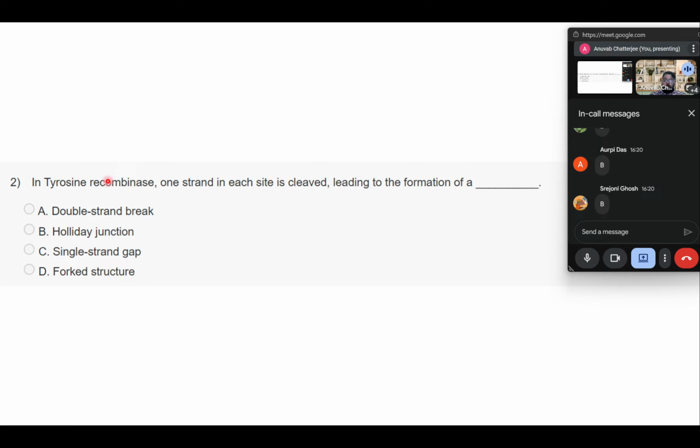So tyrosine recombinase is part of non-homologous repair, and we'll look into that as well. But what does this do during repair? It cleaves one of the strands in each site, causing formation of what of the following: double-stranded break, holiday junction, single-stranded gap, or fold structure.